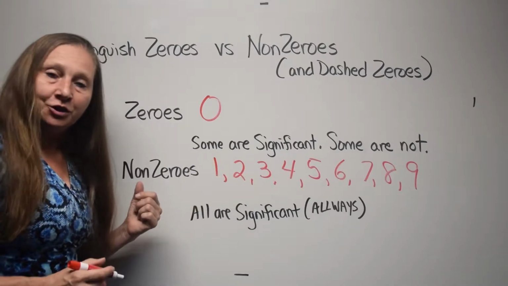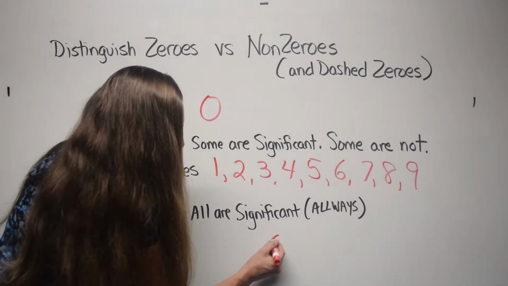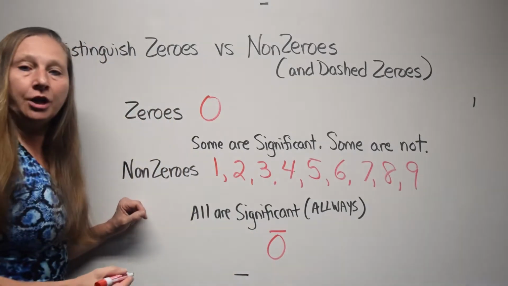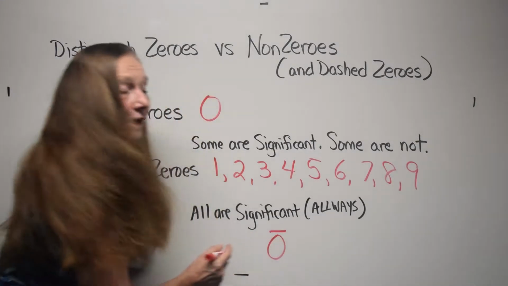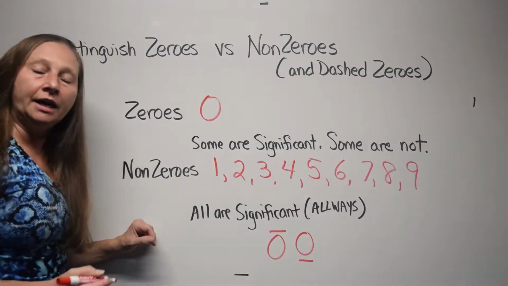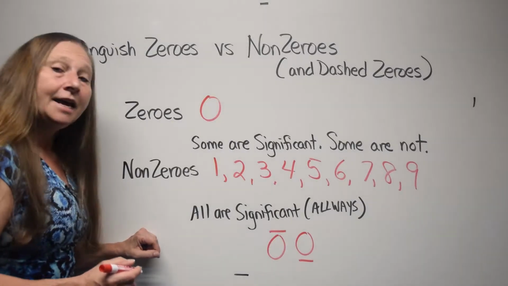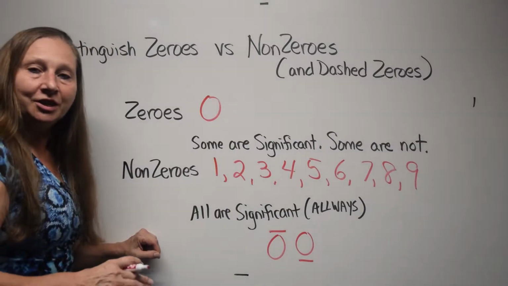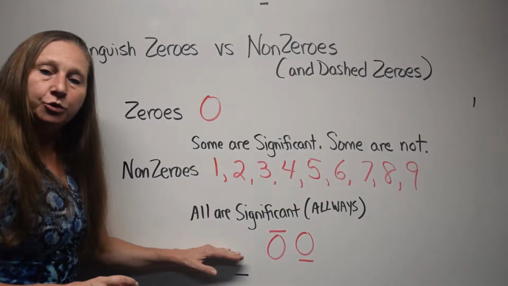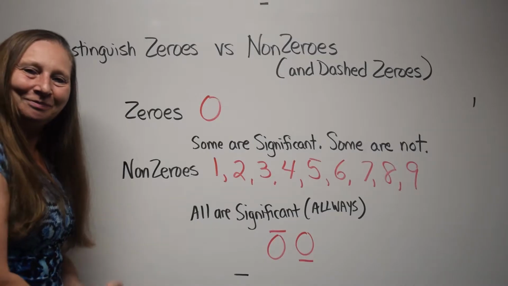These are non-zeros. Now, a zero with a dash or a line on top, or a dash or a line on the bottom, is known as a dashed zero, and they are also always significant. Dashed zeros we will put in the category with non-zeros.